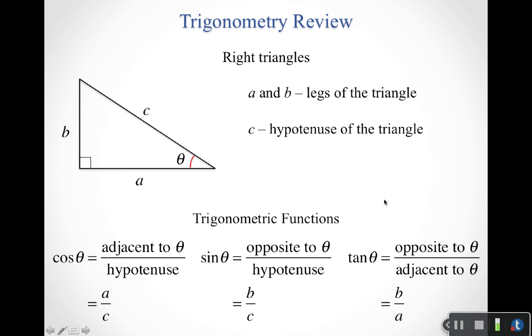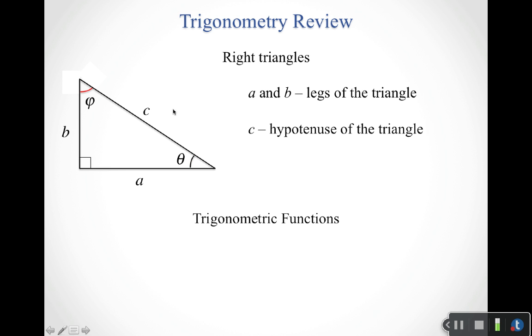Now the reason we emphasize theta is that there's actually a choice. We could pick a different angle. So if instead of picking theta over here, we pick the second angle, phi, then we've drawn in the angle phi from the hypotenuse to one of the legs.